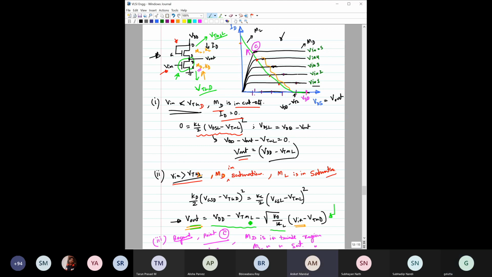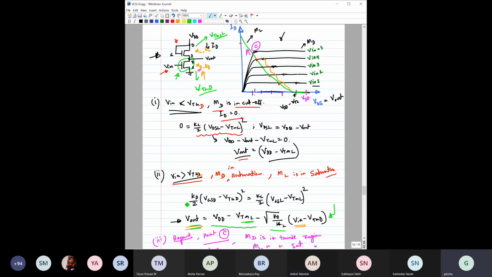So I'm asking, is it anything different or is it the same thing? Okay, you see here this VTNL is outside, right? And if you want to take it as V threshold... I guess you were asking why it is VTNL, not VTH of load. So no, I'm asking why is it VTNL, not VTHL?